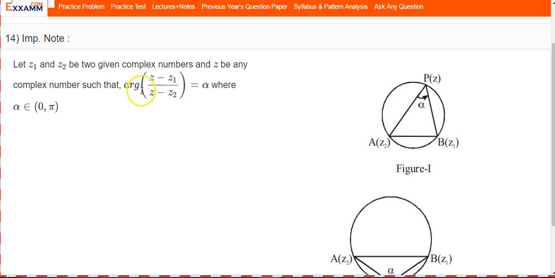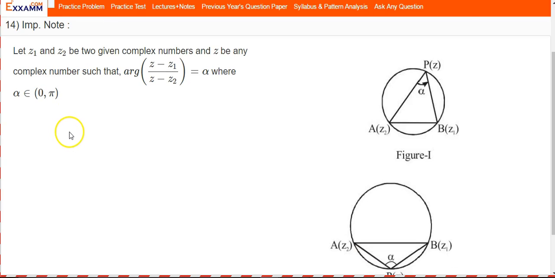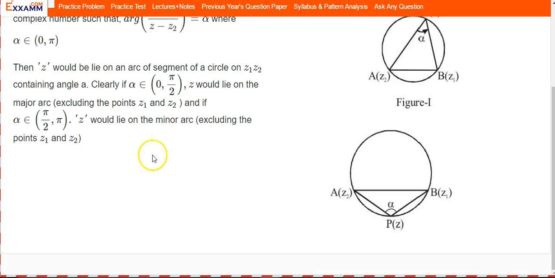If Z moves in such a way that argument of (Z minus Z1) upon (Z minus Z2) is equal to alpha, where alpha belongs to the open interval 0 to pi, not including 0 and pi, then in all such cases the locus of Z would be a circle.